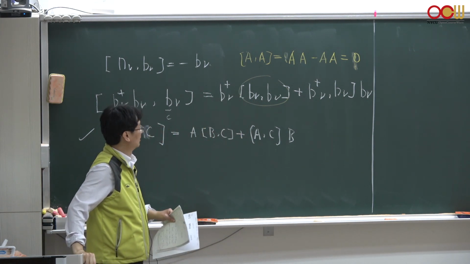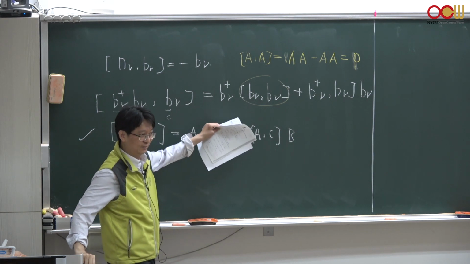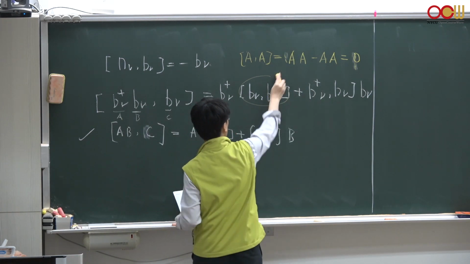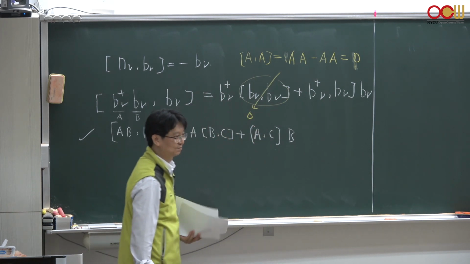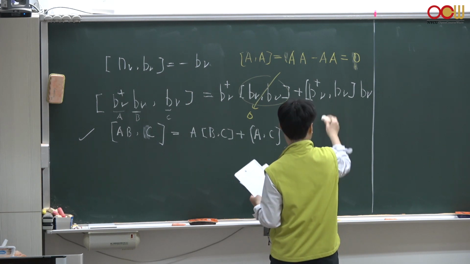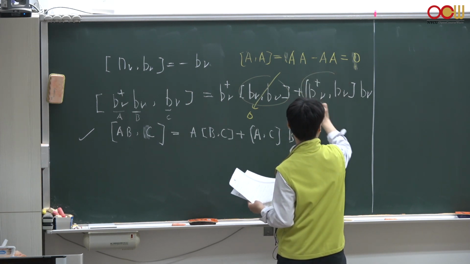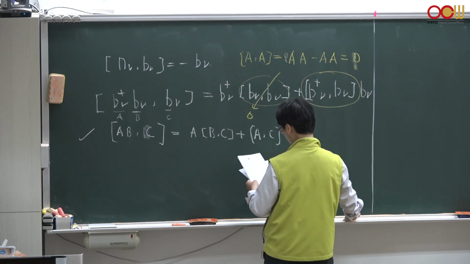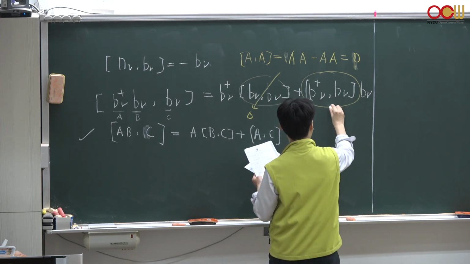So that's trivial. There's nothing to talk about here. 0. And what about the second term? Well, this is the thing that we mentioned, but with the reverse order. So this is minus 1.